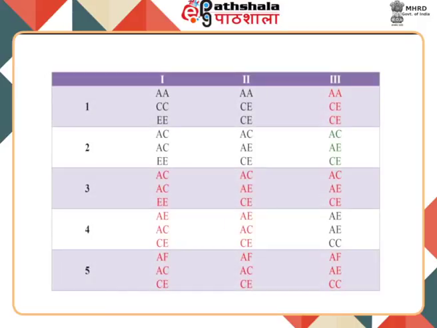On substituting A for B, C for D and E for F in table 1, we will generate another table, and it is clear from the table that there are duplicate configurations, which are shown here.